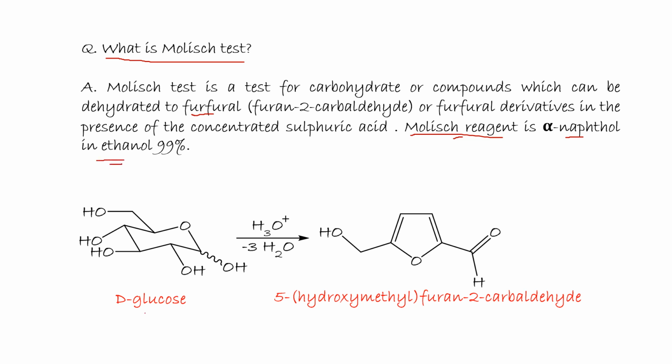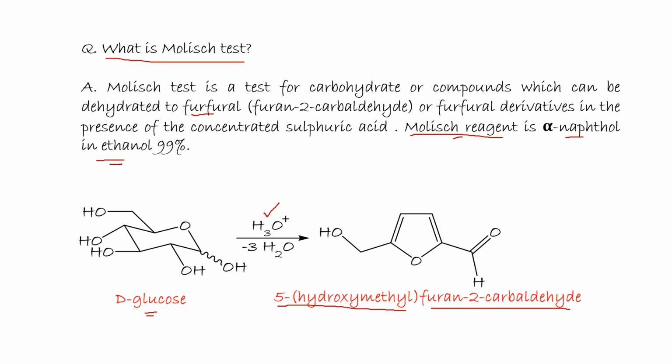So when we take D-glucose as an example and add sulfuric acid, we dehydrate this molecule to 5-hydroxymethyl furan-2-carbaldehyde, or 5-hydroxymethyl furfural.